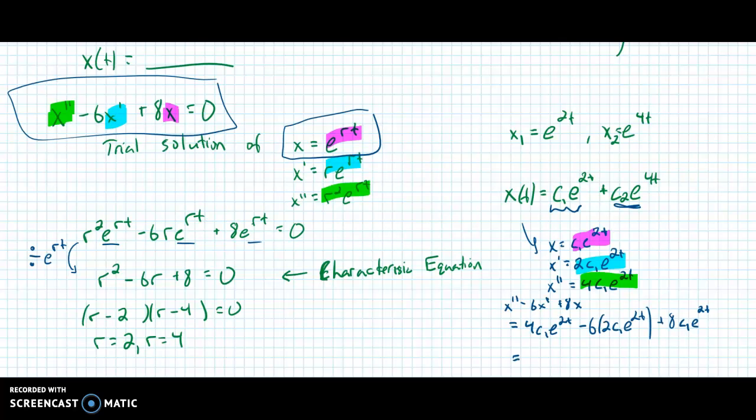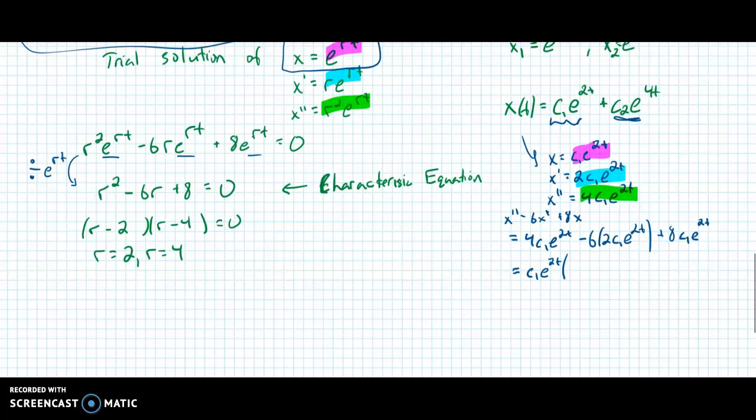Well, what is that equal to? Well, look, everything has a c1 e to the 2t, here, here, here. So I'm just going to factor that out. And what do I have? I've got c1 e to the 2t times 4 minus 6 times 2 plus 8. 4 and 8 give me 12. 6 times 2 gives me 12.